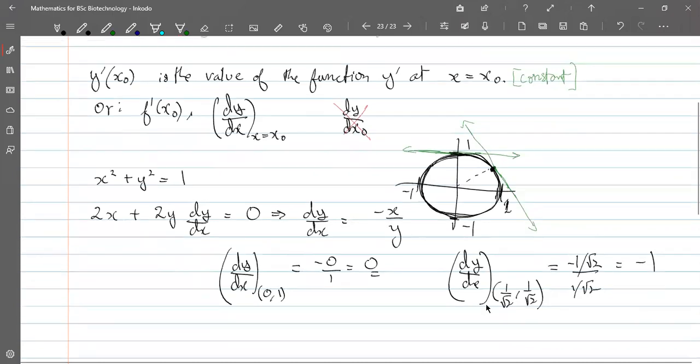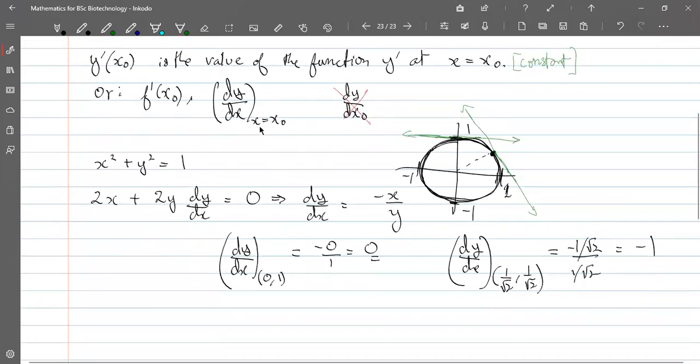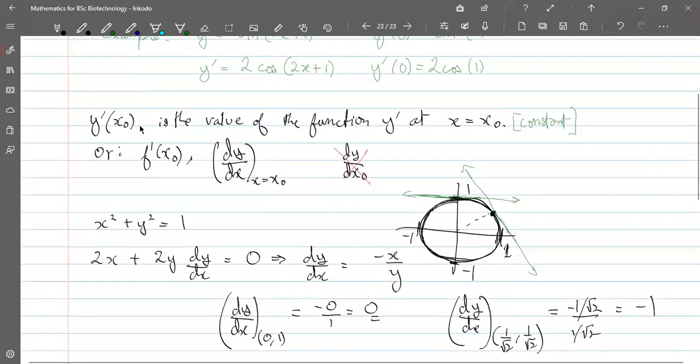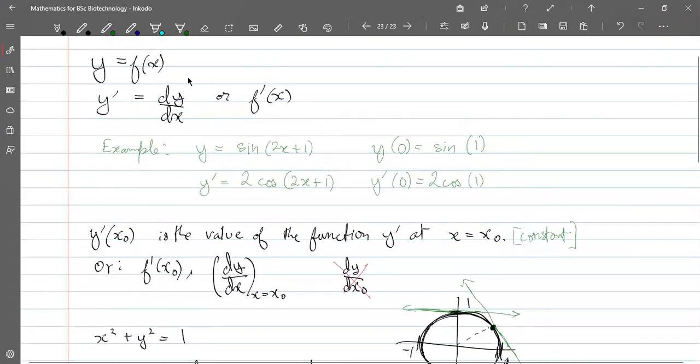Okay. Now this notation is in a way error-free or foolproof, because once you substitute the value of x, the value of y is automatically determined such that it is a valid value of y obtained from this function.